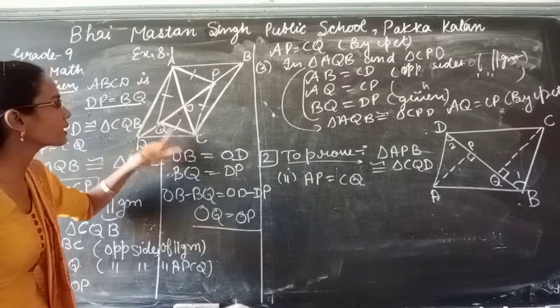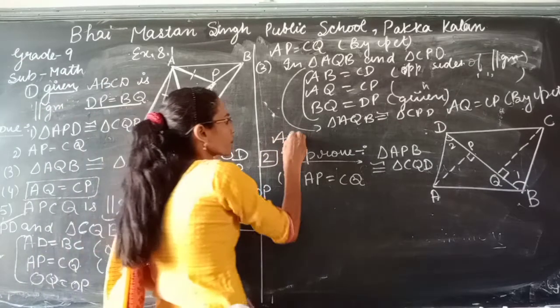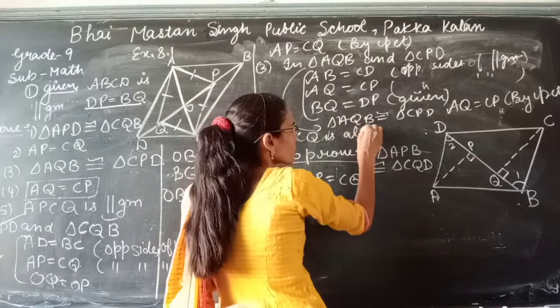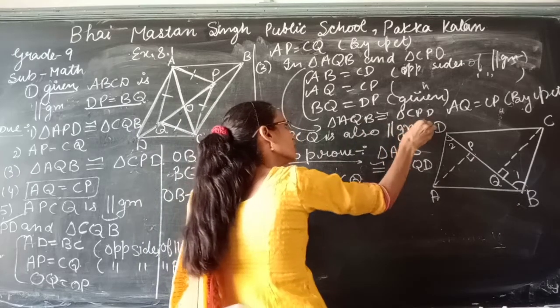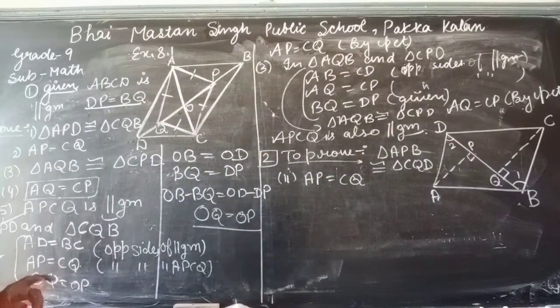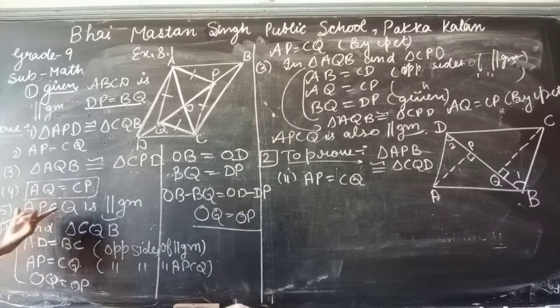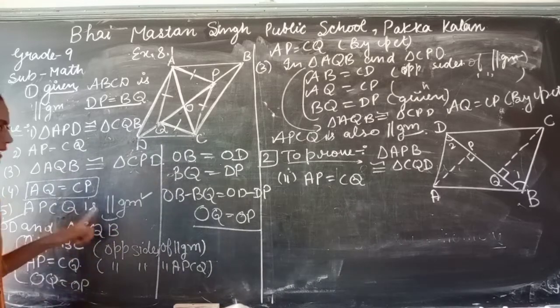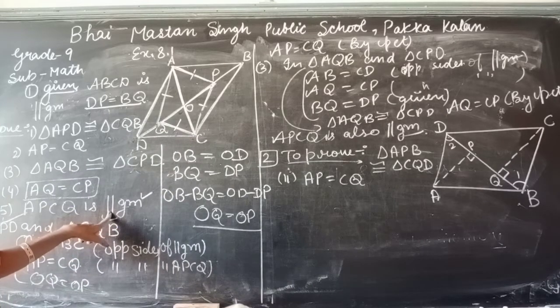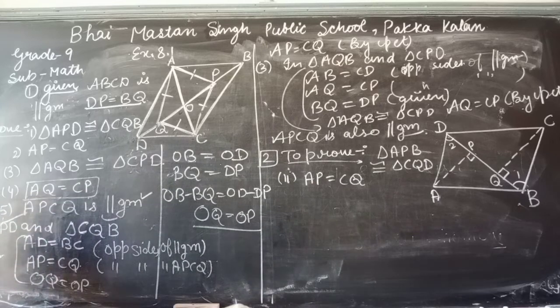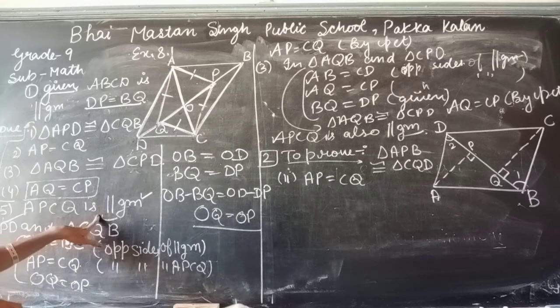So APCQ is also a parallelogram. Is it okay? Clear to you? There are five different parts we have to prove in this one, and our end result is that APCQ is a parallelogram. If I write to prove that APCQ is a parallelogram, then it is understood that you have to prove these four parts. After that you will reach here. Clear to you?